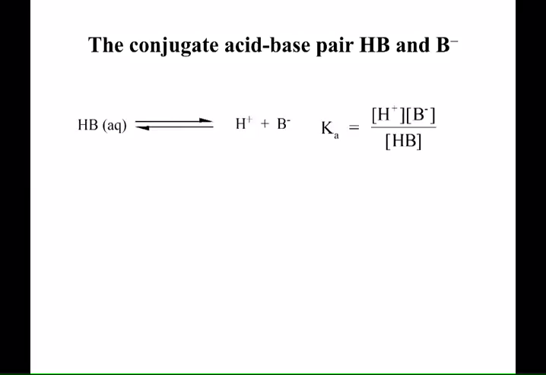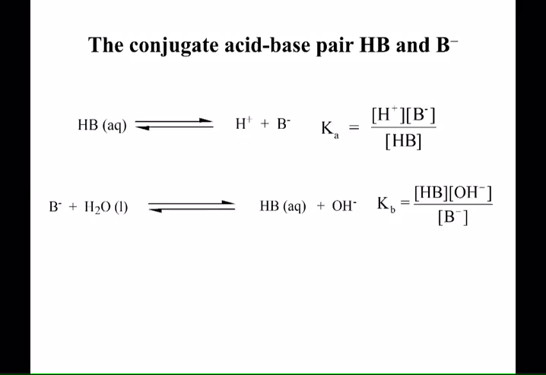So let me show you how that works. Here is your acid, and here's your base. Again, we're going back to the generic, where the B minus is something, it could be HSO4 or whatever. We can write a Ka expression for our weak acid, and a Kb expression for our weak base, and they would look like this. If you have a conjugate acid-base pair, you take its Ka times its Kb, you're going to get Kw.